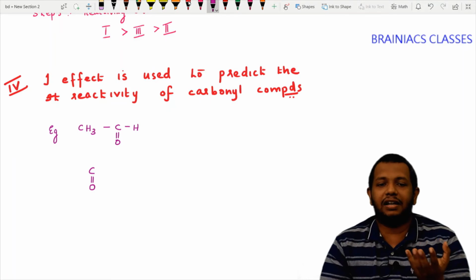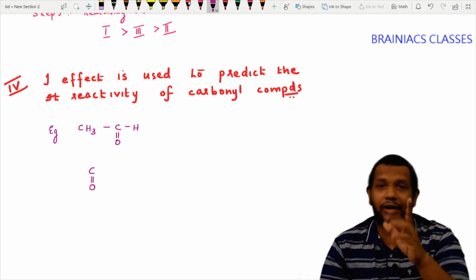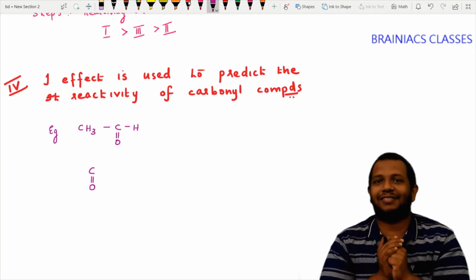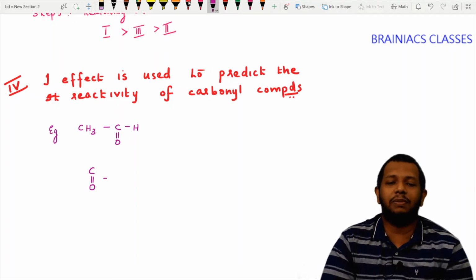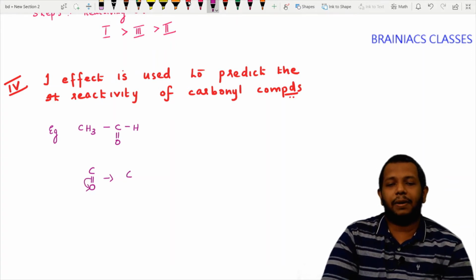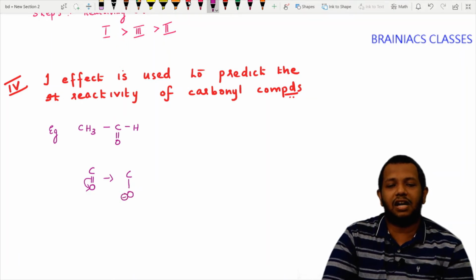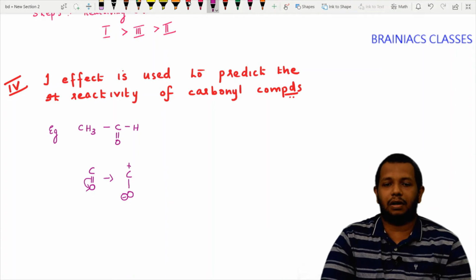I know that a double bond is formed from a sigma bond and a pi bond. The sigma bond is a strong bond, and the pi bond is a weak bond. So because oxygen is more electronegative, this pi bond will always polarize towards oxygen. This pi bond will polarize in such a way that oxygen becomes negatively charged and carbon becomes positively charged.